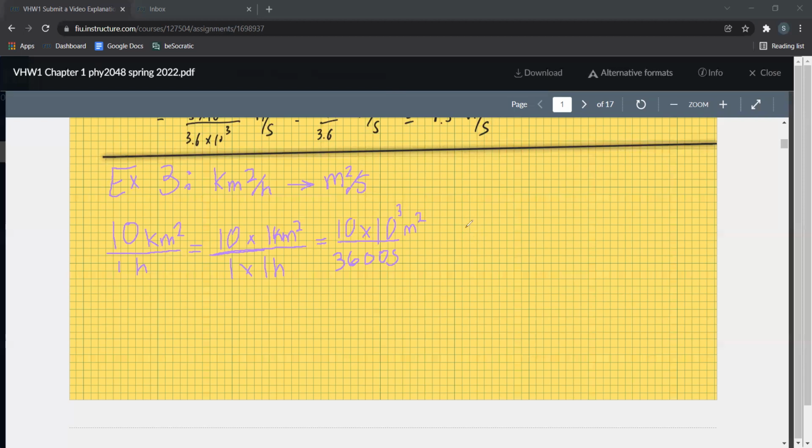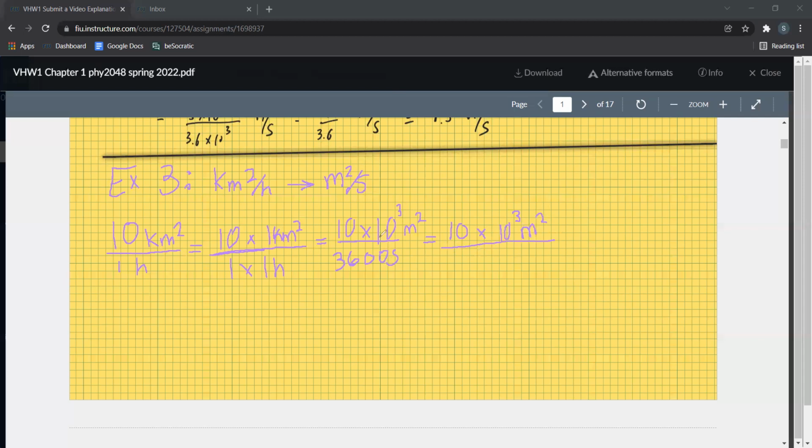One thing we can do if we want to cancel out is take our denominator, that's 3,600, and move it 3 decimals to the left so we can cancel out the 10 to the 3. I'll show you what that looks like after I finish drawing my numerator.